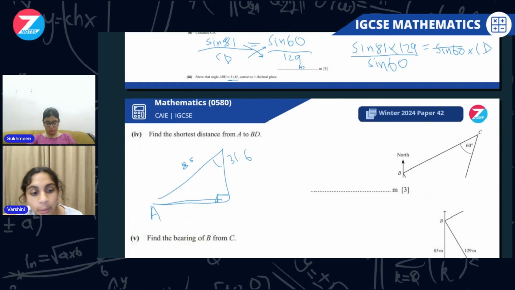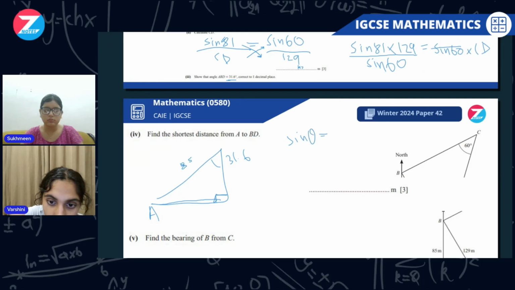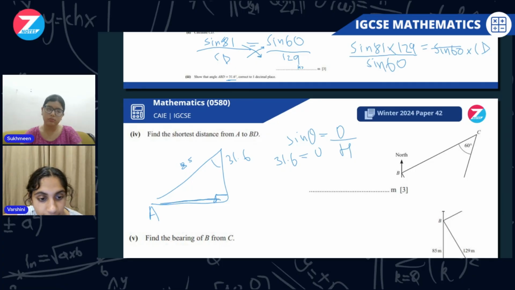Now all we need to do is use SOHCAHTOA, and we want this distance. So theta is over here, and we know that sine theta is opposite by hypotenuse, and so we know that sine 31.6 is equal to the opposite, the one we want to find over here, divided by the hypotenuse, which is 85.